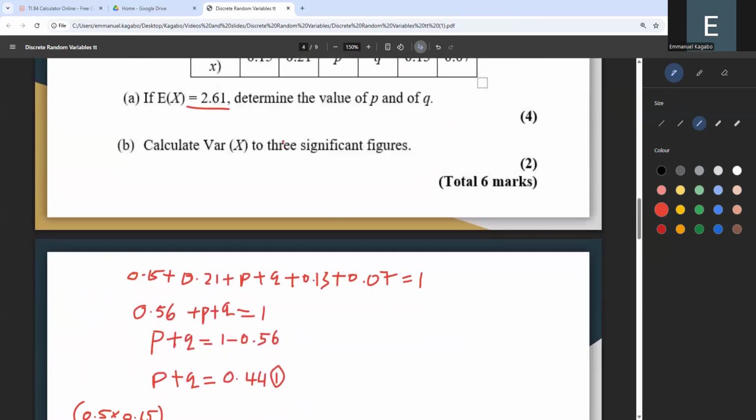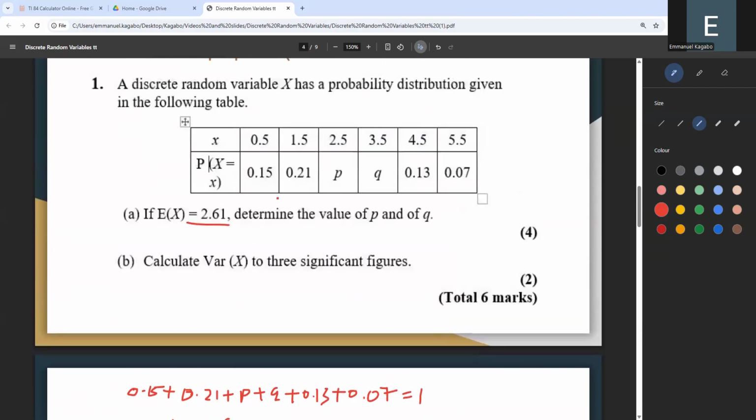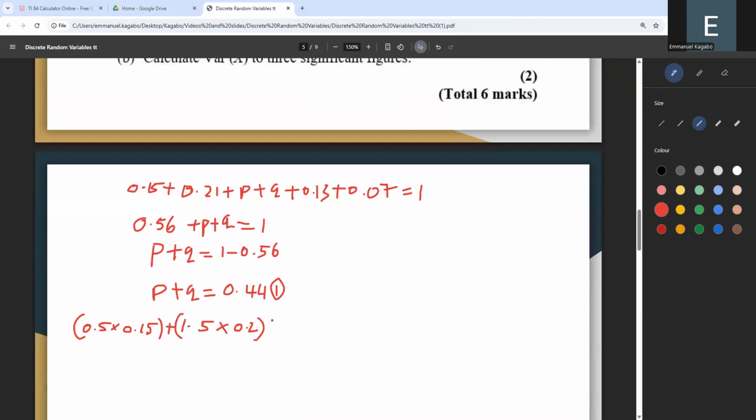Okay, good. Now it's going to be 1.2 plus 1.5 times the probability corresponding to that, 0.2. Fast forward, the next one is 2.5 times P. That one is okay.